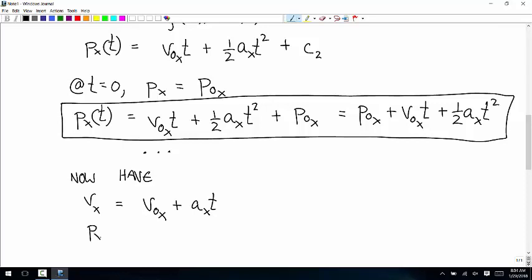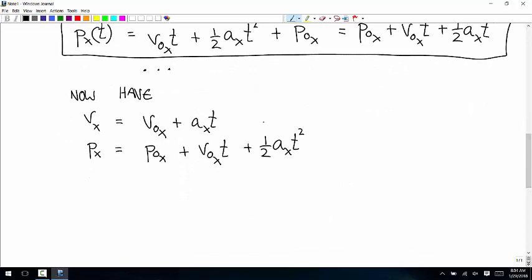And we have that Px, that's a function of time, is equal to P0x plus V0xt plus 1/2 axt squared. And so what I'm going to do is I'm going to use this one to come up with an expression for t in terms of v, v0x, and ax, and then I'm going to plug that into the second one.